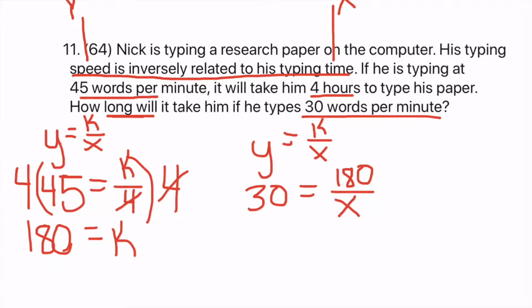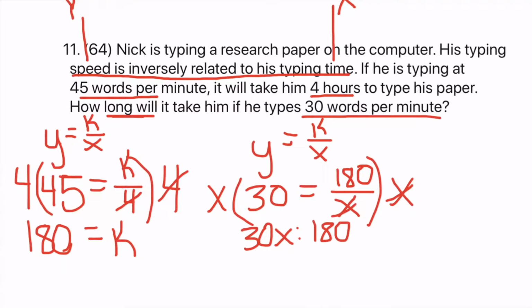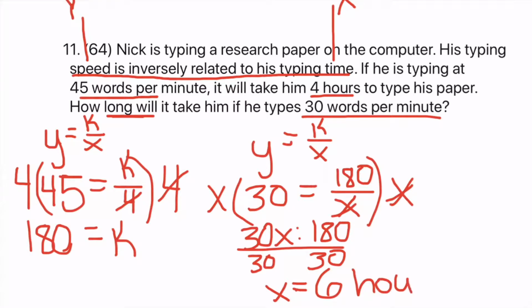So first I need to get rid of the 180 divided by x, so I multiply both sides by x. Those cancel, and we're left with 30x equals 180. Divide both sides by 30, and we get x equals 6. So 6 hours is how long it would take him.